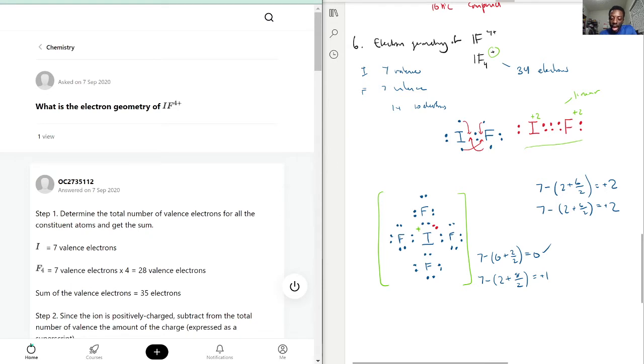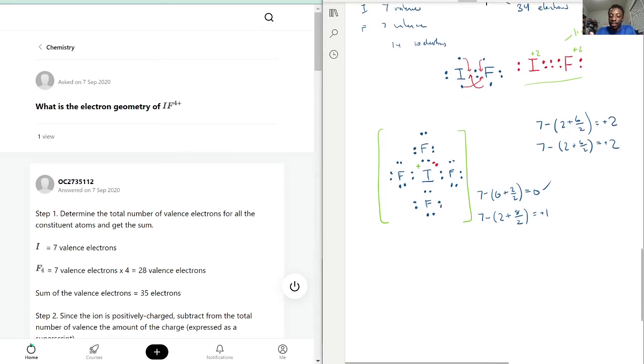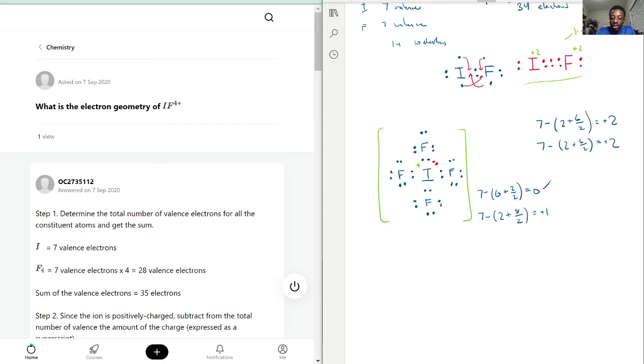But for this, as you notice, if we're going to count how many things it's attached to, which is the electron geometry to find its hybridization, counting first the bonds, okay, 1, 2, 3, 4 bonds, but we have a 5th thing attached, which is this lone pair. So we have 5 things in total, right?